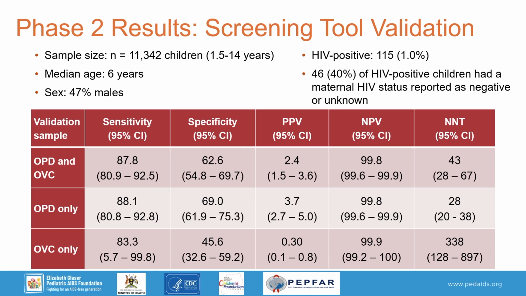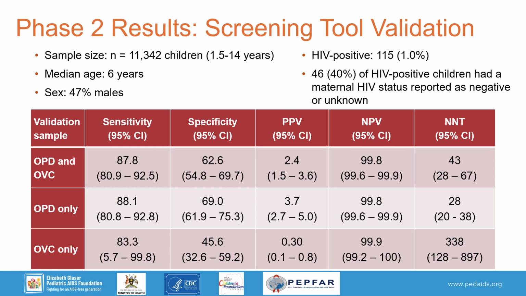The tool had an estimated sensitivity of almost 88% in the validation sample. Estimated specificity was 62.6%, consistent with the specificity observed in the development sample. The estimated number of children needed to test to get one HIV-positive child when using the tool was 43.